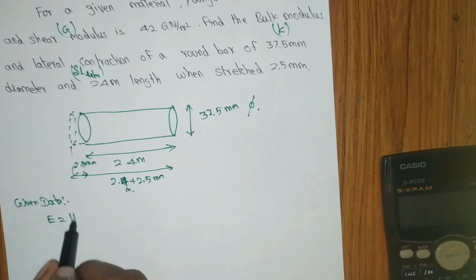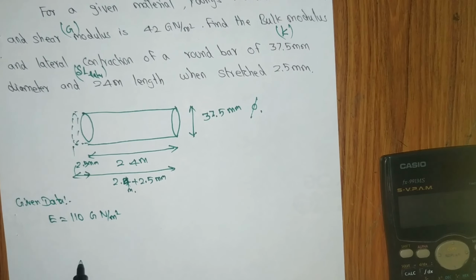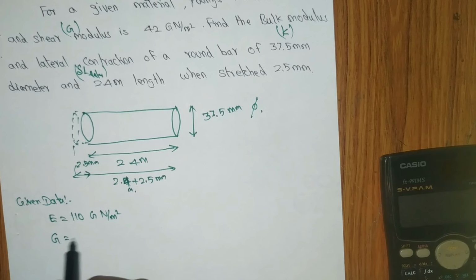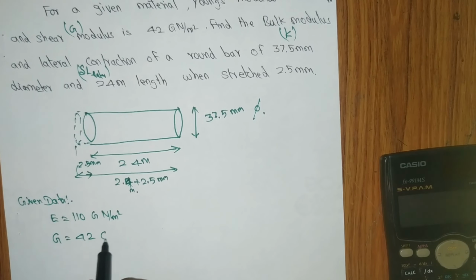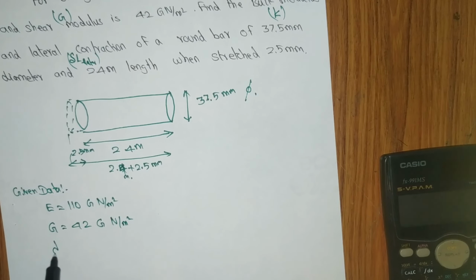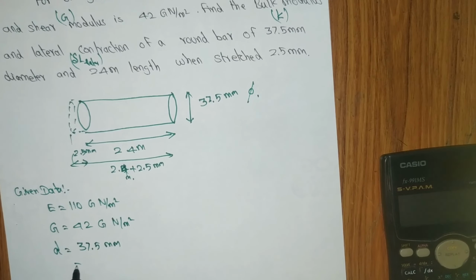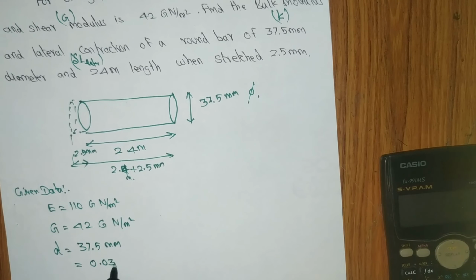E equal to 110 giga Newton per meter square. Shear modulus G will be 42 giga Newton per meter square. So diameter of the bar will be 37.5 mm. We can write it as 0.0375 meter.